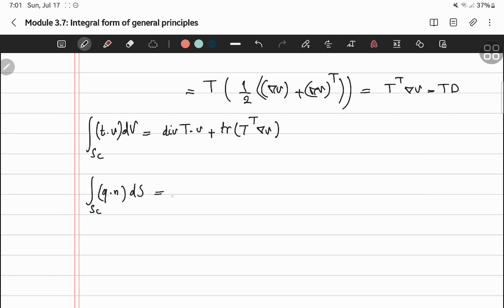So using the divergence theorem, we can write this as the divergence of q over V_c dV.